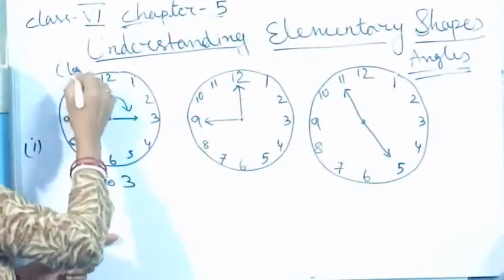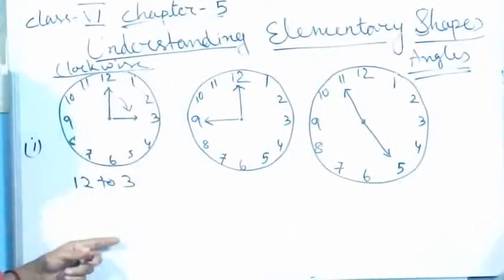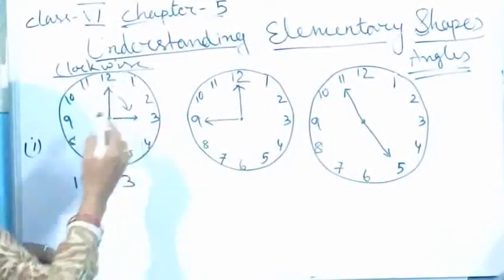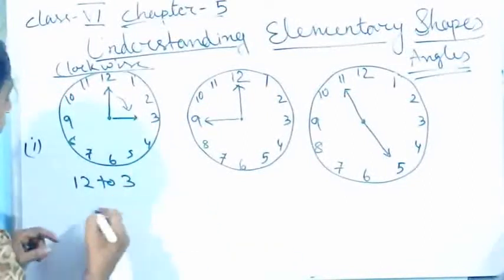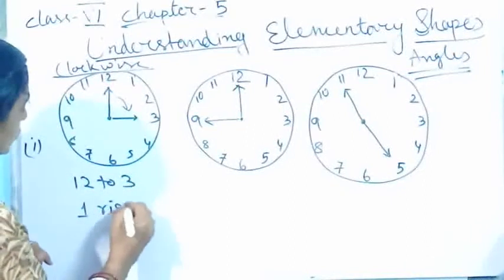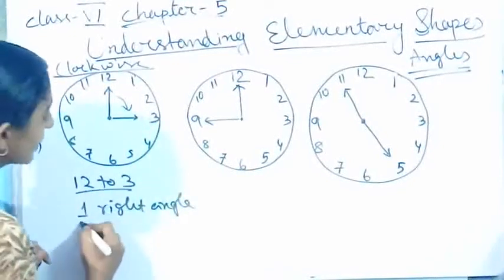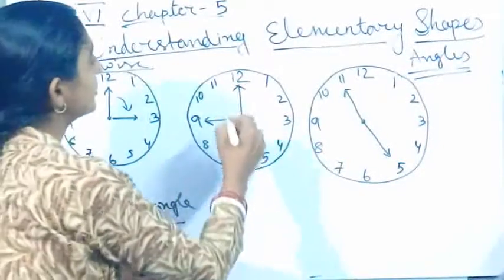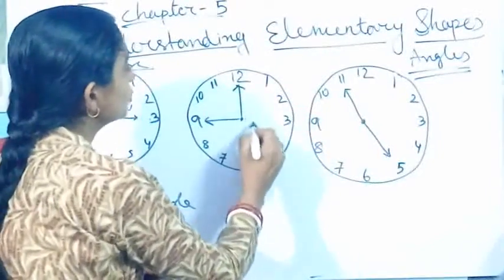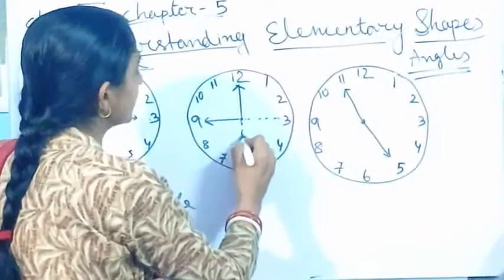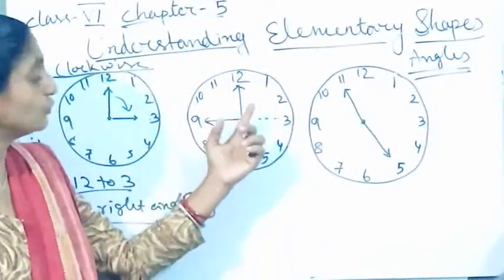In all the cases here, the movement is in the clockwise direction. So from 12 to 3, we can say it has completed a movement of 1 right angle. Okay, what will happen if you are moving from 12 to 9? How many right angles do you get? Let me divide the clock. Here I have divided the clock into 4 equal parts.